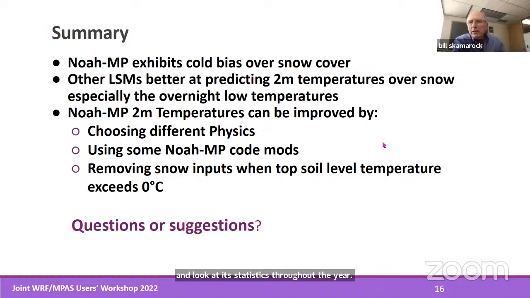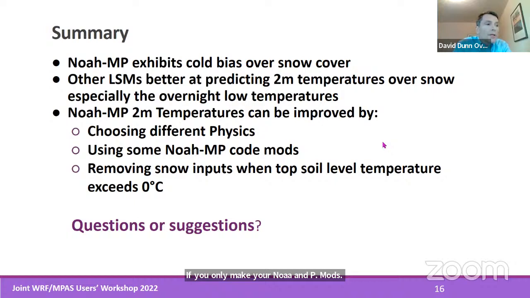Okay, another question is, do you still get improvements if you only make your NOAA MP mods, or is this a package? Well, so I guess the question is, have I done these mods without NOAA MP? Was that the gist of the question?